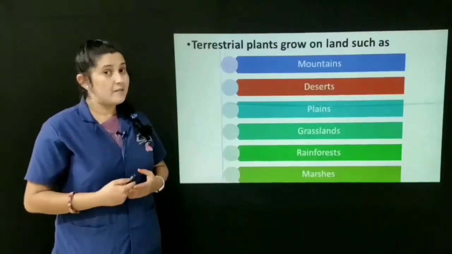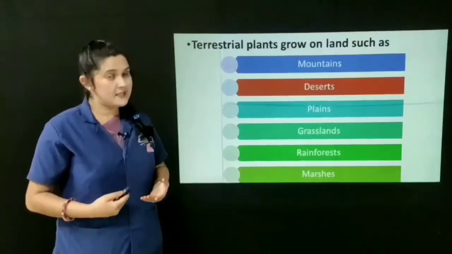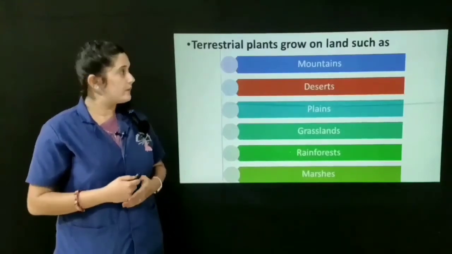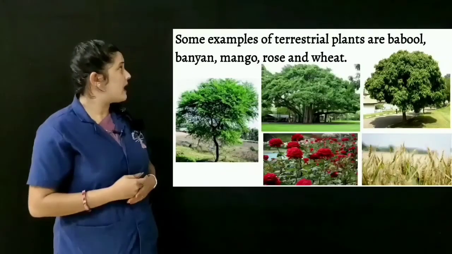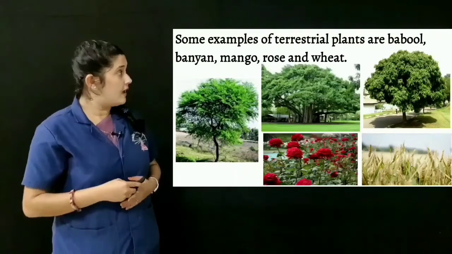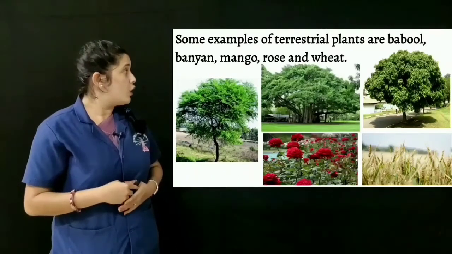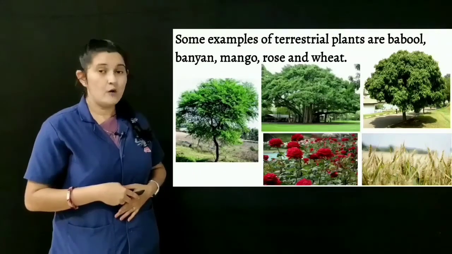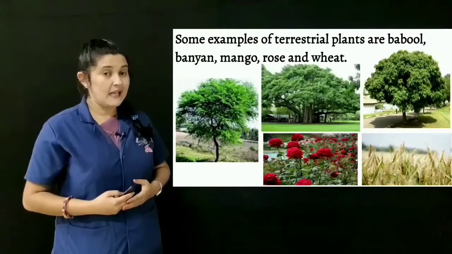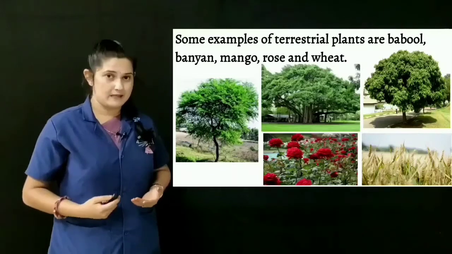These are the places or the regions where the terrestrial plants grow. Some of the examples of terrestrial plants are babul, banyan, mango, rose and wheat. These are some examples of terrestrial plants.